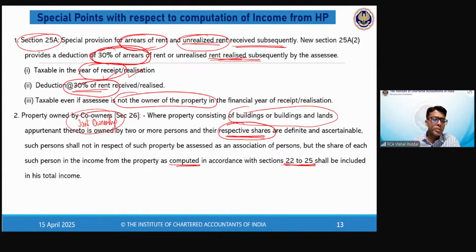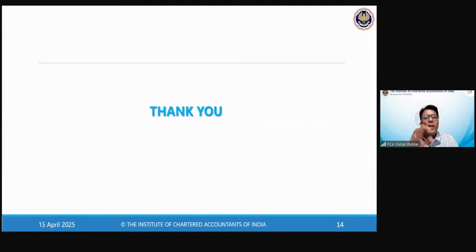So if their share of ownership is 60-40, the income or loss will be divided between the two in the ratio of 60-40. And then each one will be paying the tax on their share of income. And if it is loss, each one will be eligible for the set-off.